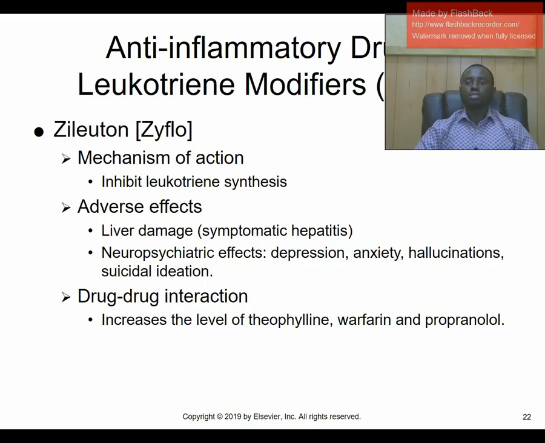And so we should be monitoring that. The provider will have to adjust the levels of these medications to suit the client who is taking Zyflo.